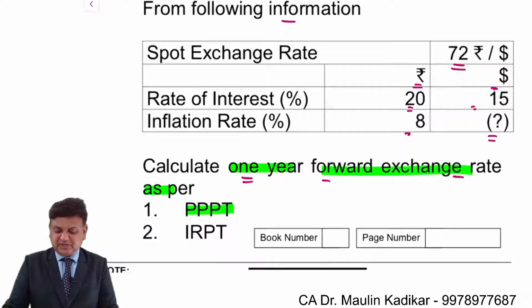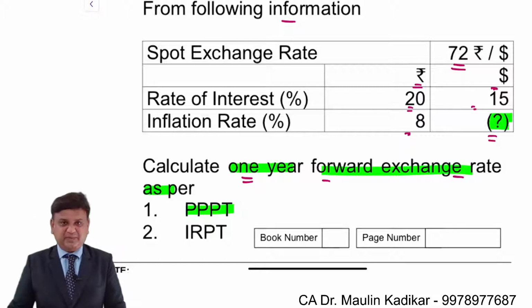However, the inflation rate for dollar currency is not available with us. So from the given information, we are required to compute the inflation rate for dollar currency. Let us understand how to calculate it, and that will be useful for calculation of the forward exchange rate as per PPPT.